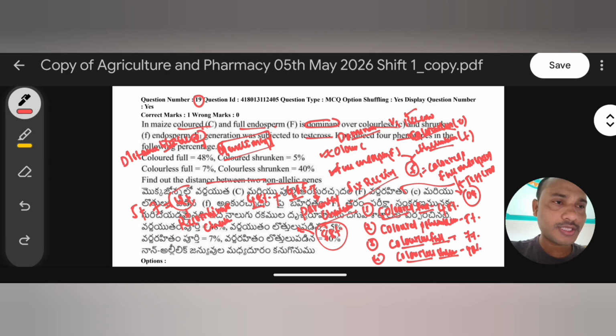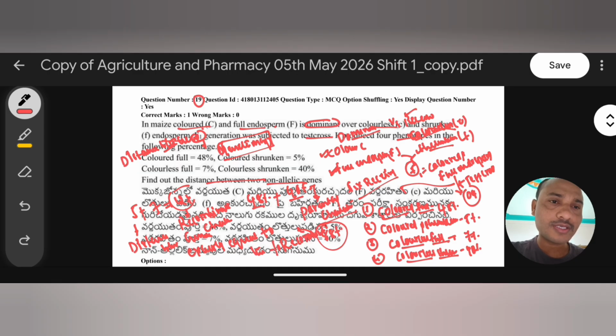Okay, so here we have to find the genetic map. Remember, the genetic map is always used to find the distance between genes. The distance between genes is exactly equal to the percentage of recombinants. Very important.